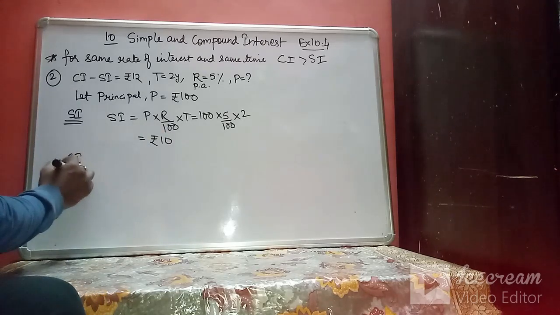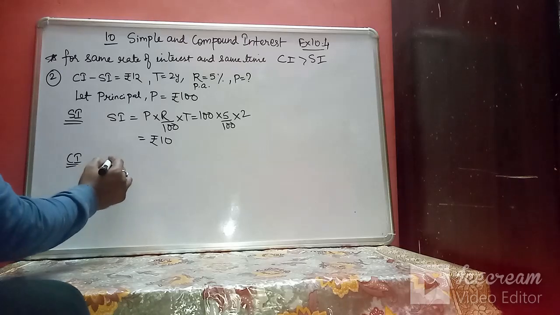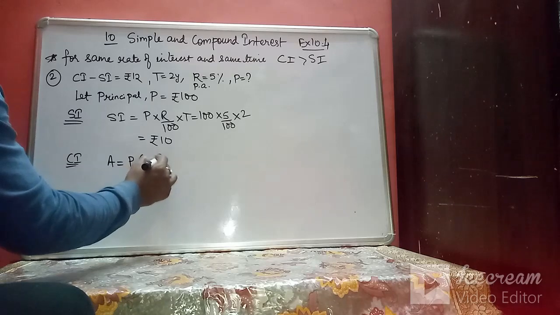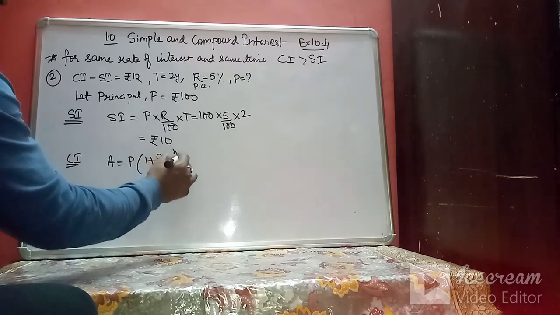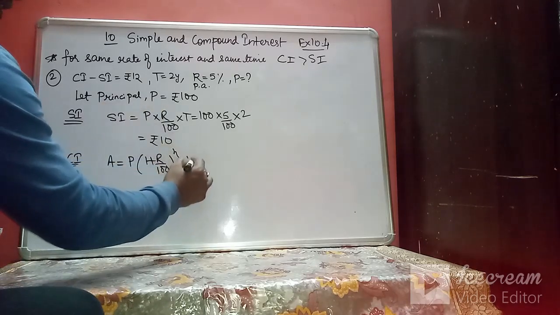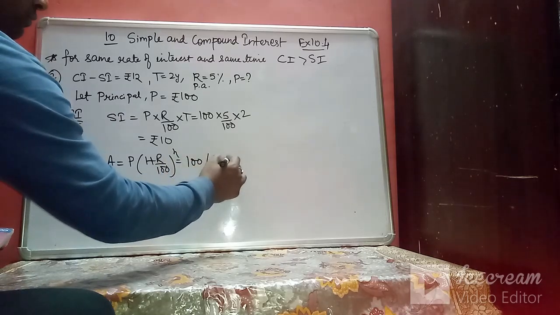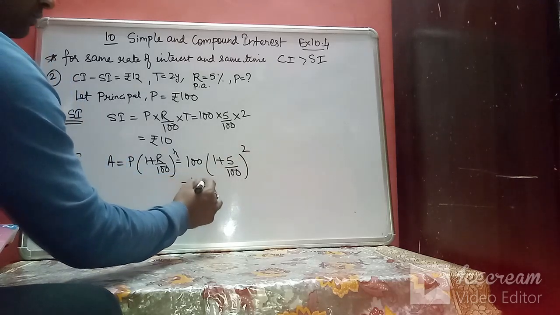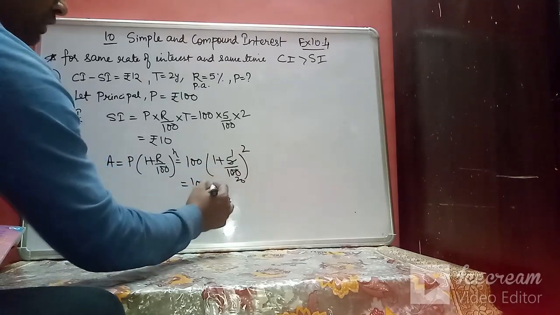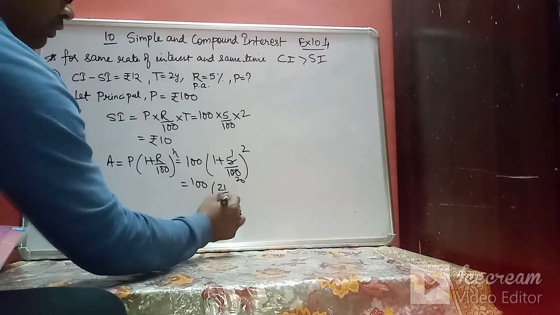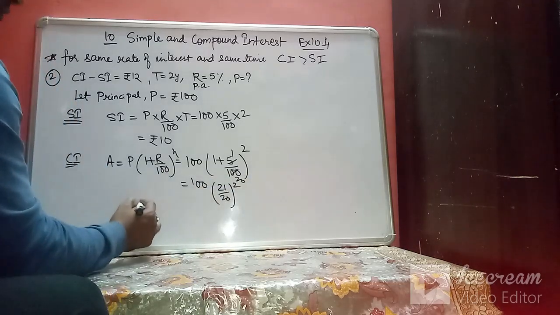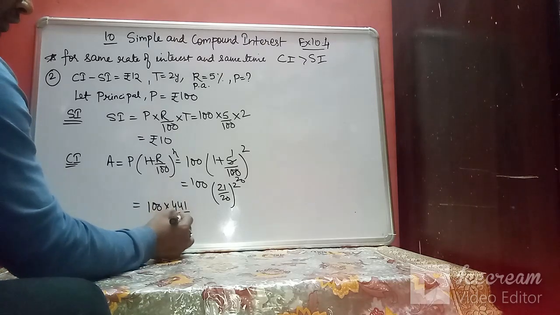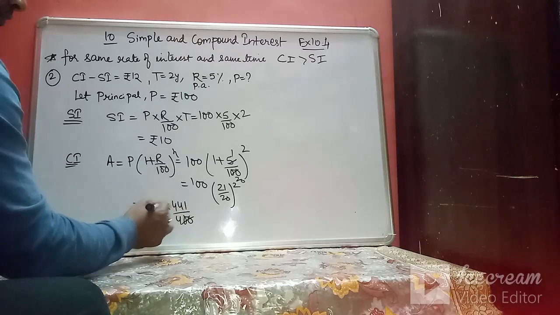Then for CI we can use the formula, that is A equal to P into 1 plus R upon 100 to the power n. So what is P here? We have taken 100, rate is 5 upon 100, to the power 2, that is 1 plus 1 upon 20, so it will be 21 upon 20 square. So when we solve, we will get 100 into 441 upon 400.